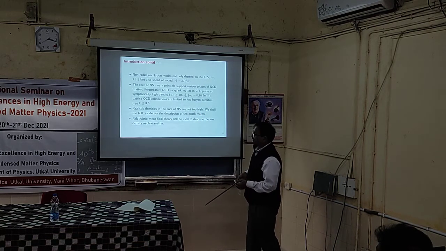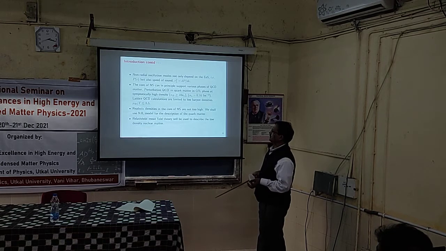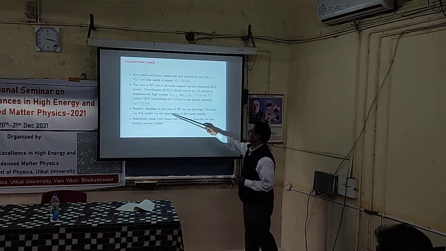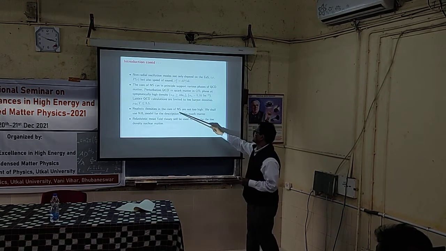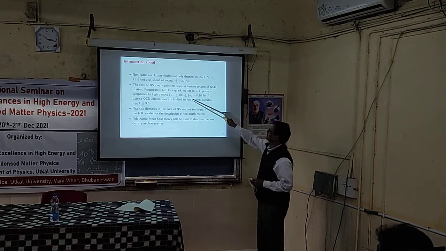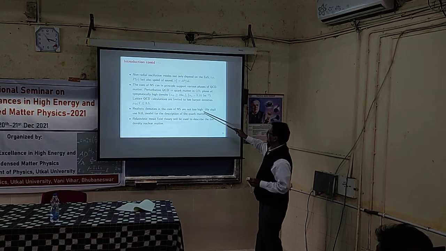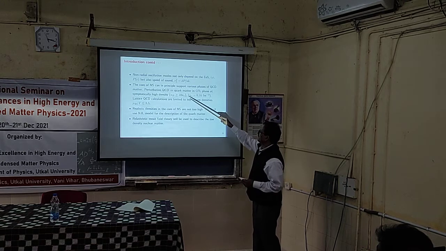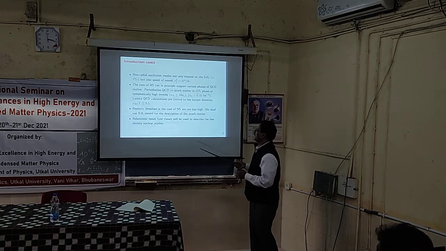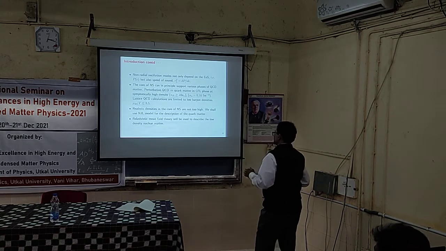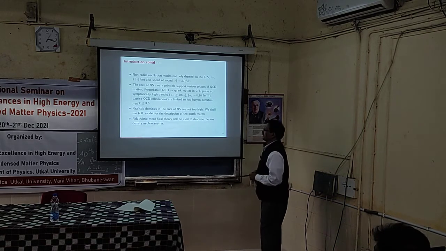The other way to do a reliable calculation is lattice QCD, but that is limited to very low baryon density. Realistic densities are not asymptotically high; they are 4 to 5 times nuclear saturation density. So there are some uncertainties here.